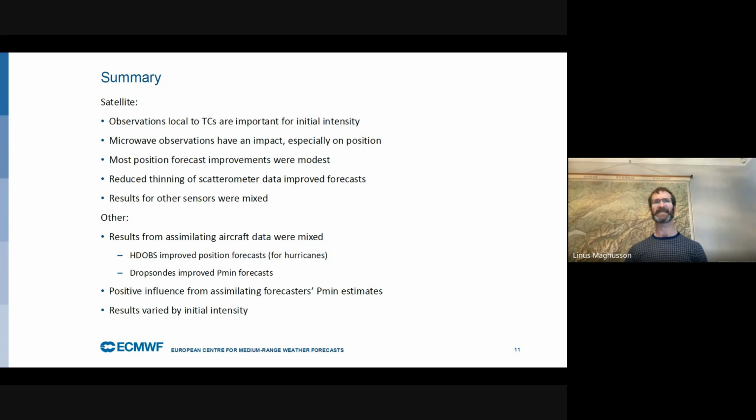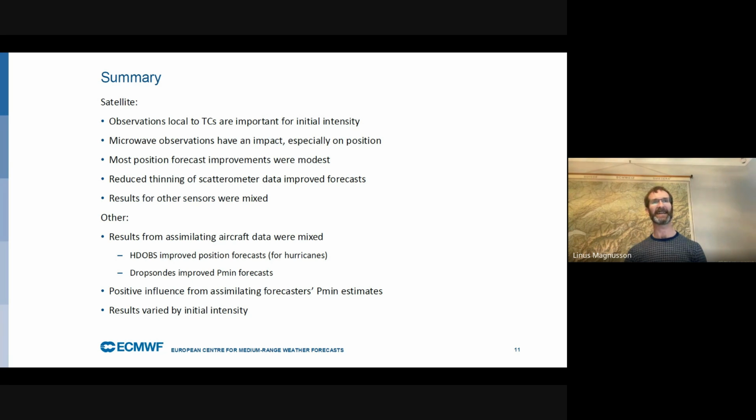Next. So to summarize the results, which were quite a lot and quite difficult to interpret in this paper: first, local observations are important, both for the position, but especially the intensity, which is reassuring because that's not a given in a global data assimilation system that is constructed to work everywhere, every time.